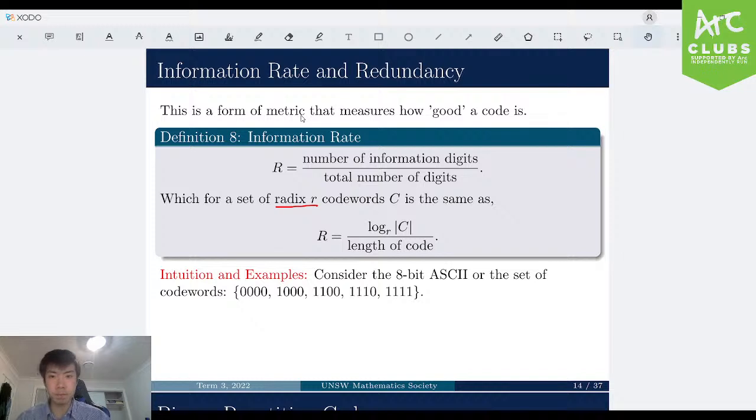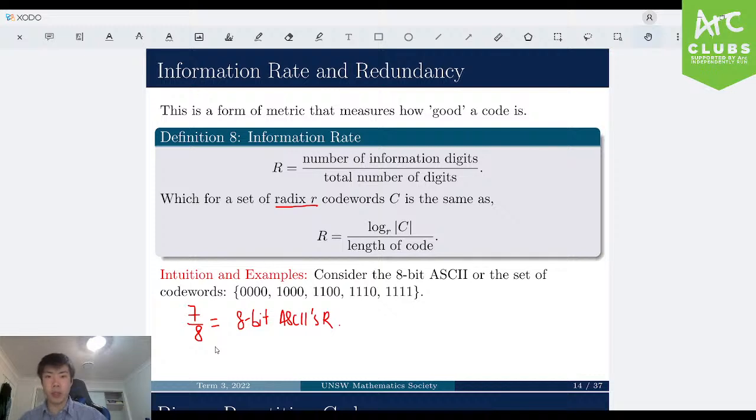Okay. All right. So let's give a bit more intuition into what R actually represents. For example, consider the 8-bit ASCII, the extended ASCII code. The information rate of the 8-bit ASCII code would be 7 on 8. Why is that?